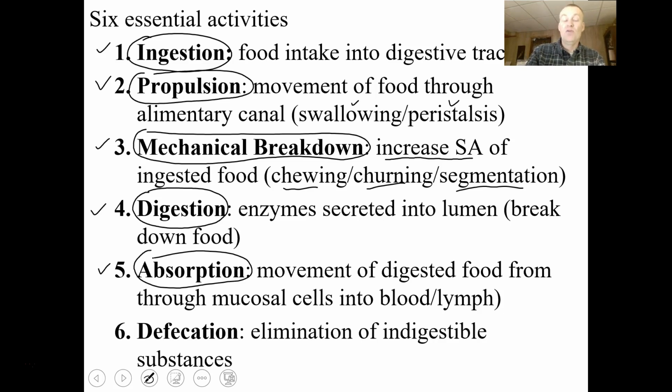Okay, so food is not in our body until it's absorbed and moves across the wall of the intestines, and then into the bloodstream. And then finally we have defecation, and this is the elimination of indigestible substances. Okay, so we have food coming in, it's being propelled through the body, mechanically broken down, chemically broken down, absorbed, and then whatever can't be absorbed is going to move on out through defecation.